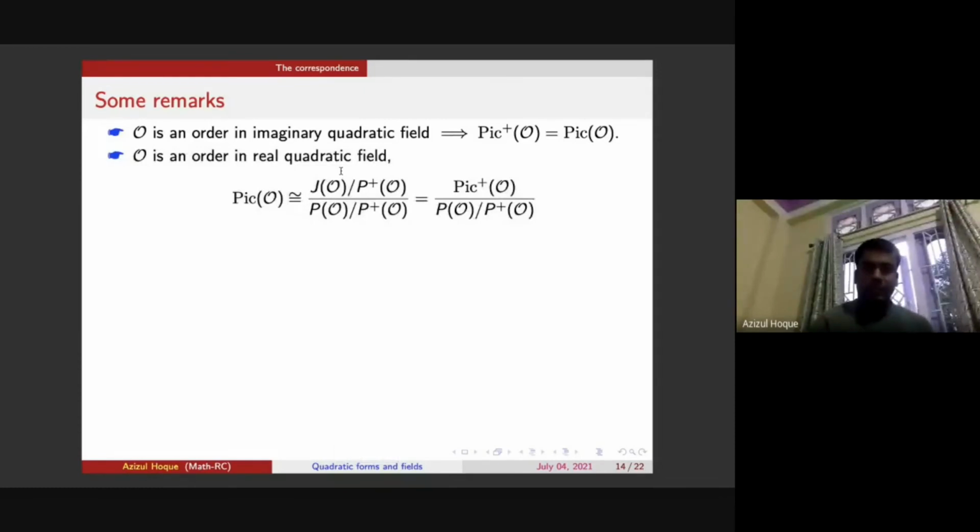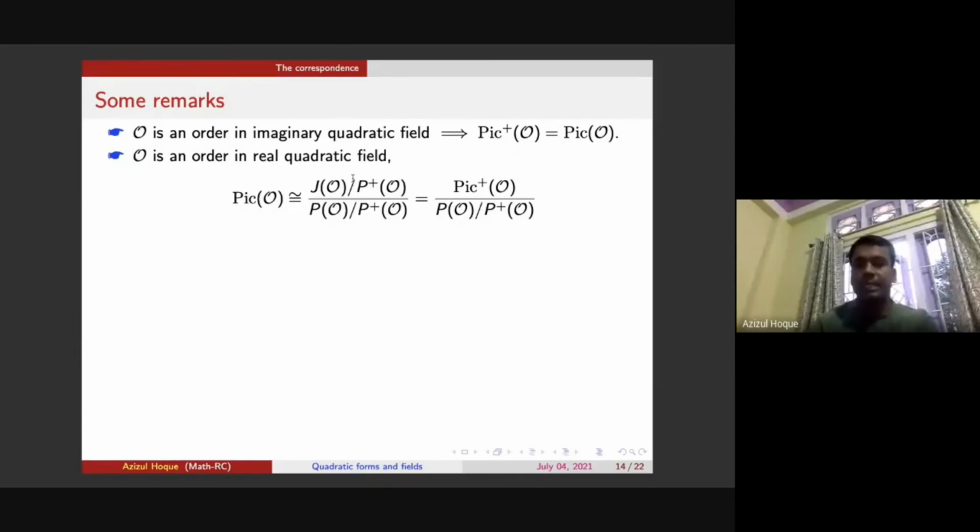And in the case of a real quadratic field, Pic O is basically J_O divided by P_O, where J_O means the group of all fractional ideals and P_O is the group of all principal fractional ideals. Now use the third isomorphism theorem; you can write this as isomorphic to this one.